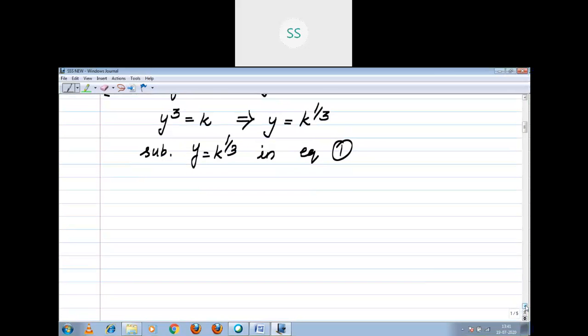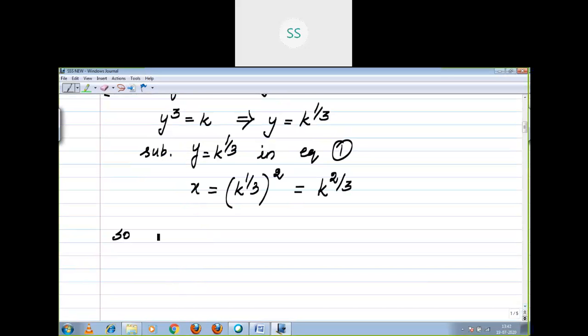Using the curve equation, you are finding the x and y values. x equals y square, where y is k power 1 by 3, the whole square, which is equal to k power 2 by 3.